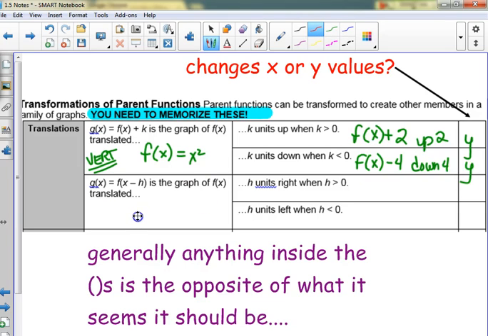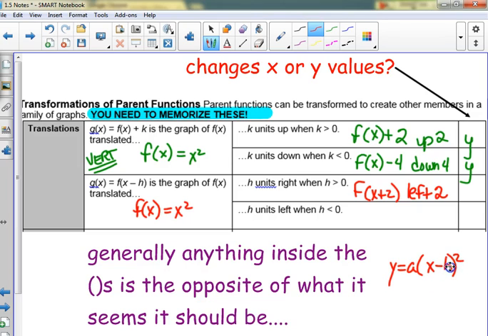But if I have the same function and I decide to do f of x plus 2 inside of here, what does that do? Instead of sliding it to the right 2, it slides it left 2. When you look at this notation, it's always x minus h, it's the opposite.